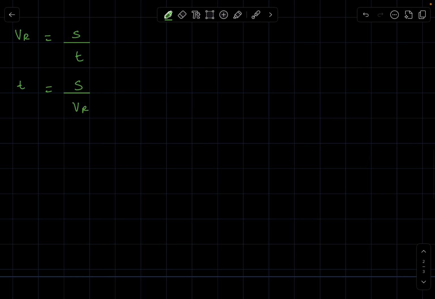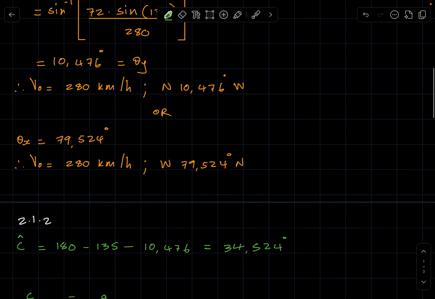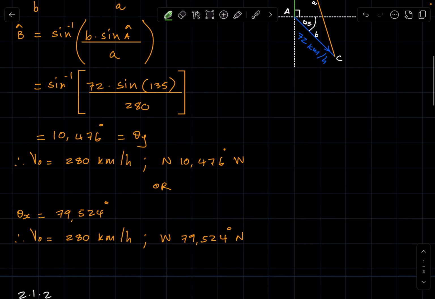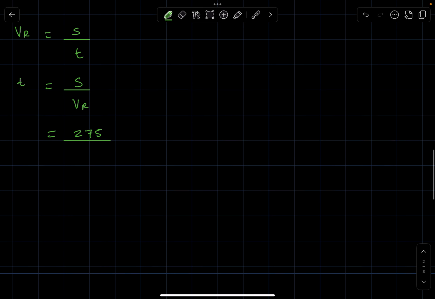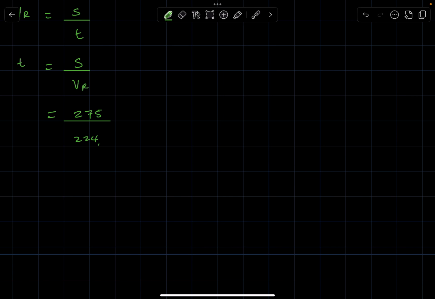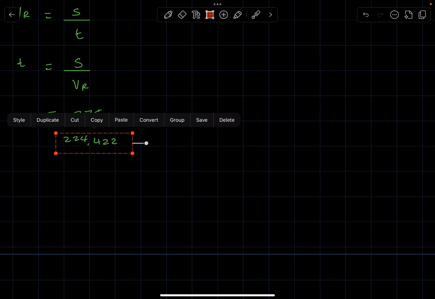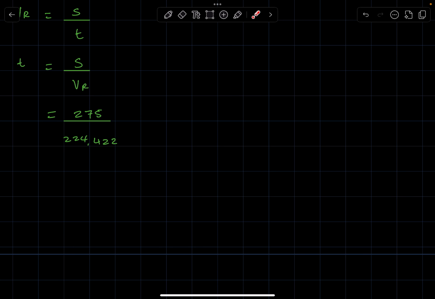This is equal to the displacement, 275, divided by VR, which we've just calculated and got 224,422. Remember, this is in kilometers, and this is in kilometers per hour, so the time will be in hours. Punching this in your calculators, you should get 1,225 hours.